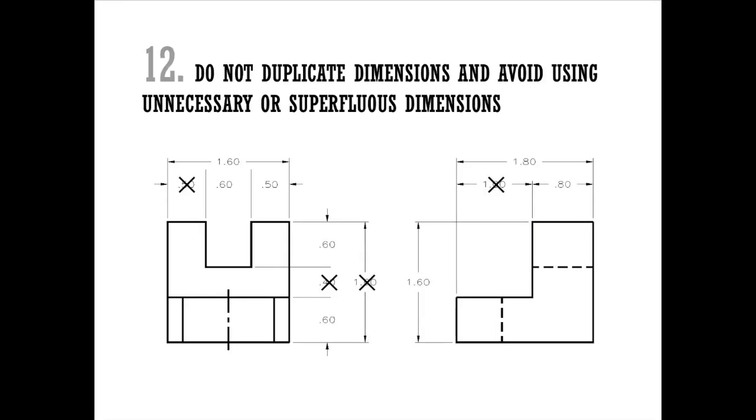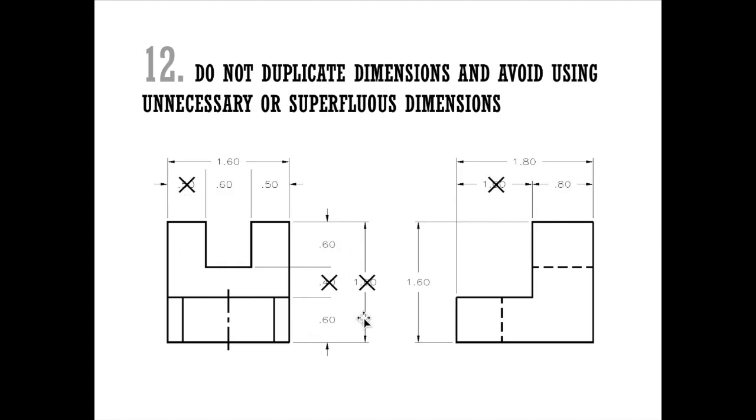Rule number 12, do not duplicate dimensions and avoid using unnecessary or superfluous dimensions. So that redundancy, if you're looking at these examples here, I don't need this 0.5 because I can figure out this dimension because I know the overall, which is always necessary, and I can subtract the 0.6 and the 0.5 from 1.6 to know that this is 0.5.